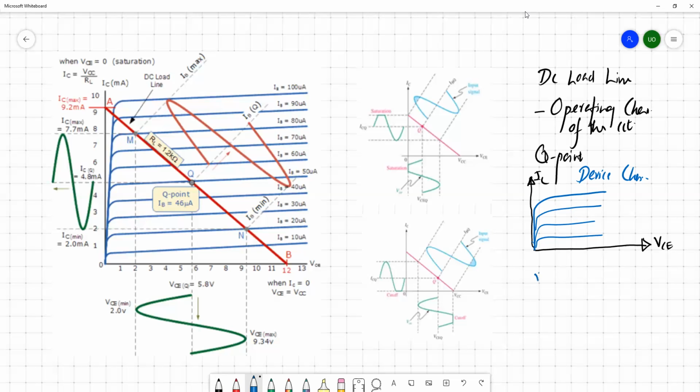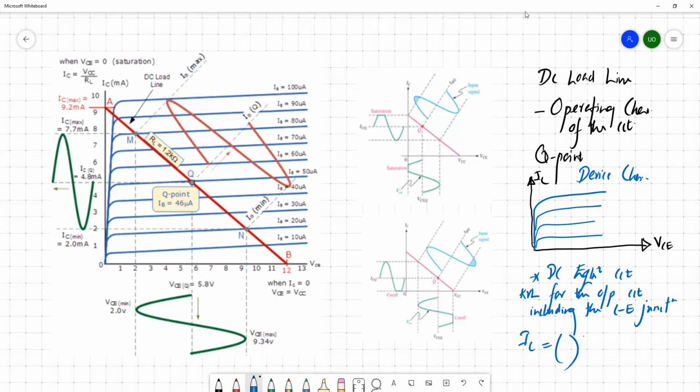Once you get the DC equivalent circuit, apply Kirchhoff's voltage law for the output circuit, including the collector emitter junction voltage, and rearrange the terms to get the expression for the collector current as a function of the collector emitter voltage. This is the DC load line for the given circuit.